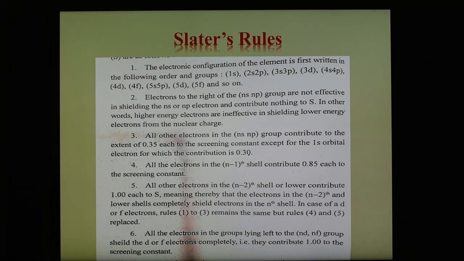As we know, Z star acting on a given electron is calculated by subtracting the screening constant S from the atomic number Z. So the formula to calculate effective nuclear charge is Z star equals Z minus S. Slater gave the rules for calculating the screening constant, also known as the shielding constant and represented by the symbol S.